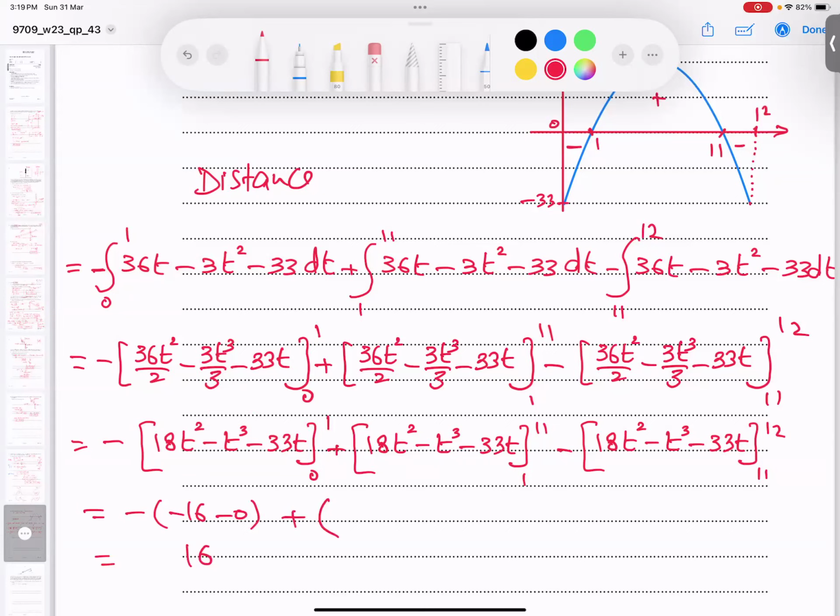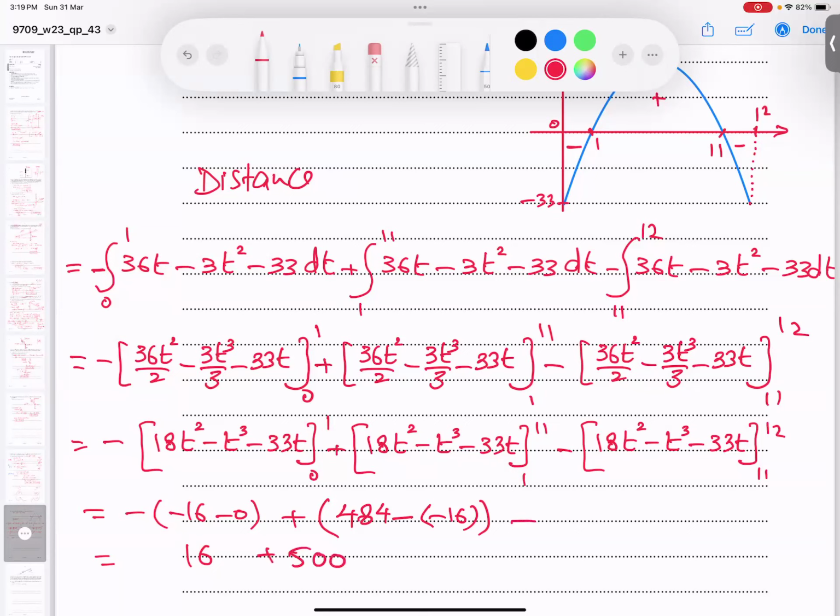If you plug in here, 18 times 2, 11 squared minus 11 to power 3 and minus 33 times 2, 11, I get 484 minus. And when I plug in 1, I get again negative 16, and this becomes positive. So 484 plus 16, we get 500.